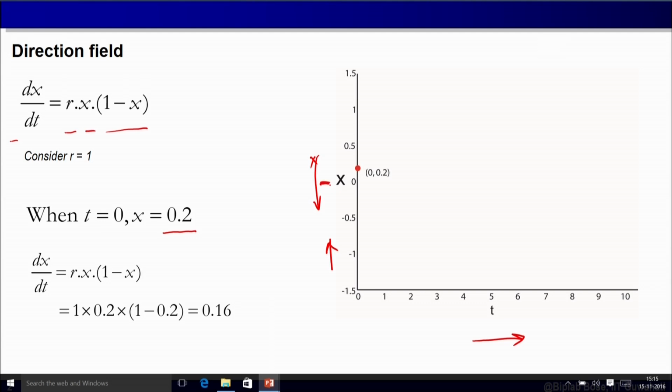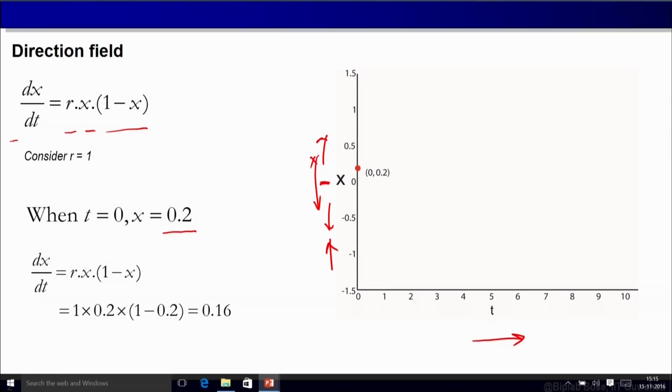So 0 is here, positive values are in this direction, negative values are in this direction. I have drawn this so that when I draw the direction field, some interesting phenomena we can see here. So if I take a point t equal to 0, x equal to 0.2 and show it in this plotting region, then that will be this red dot.